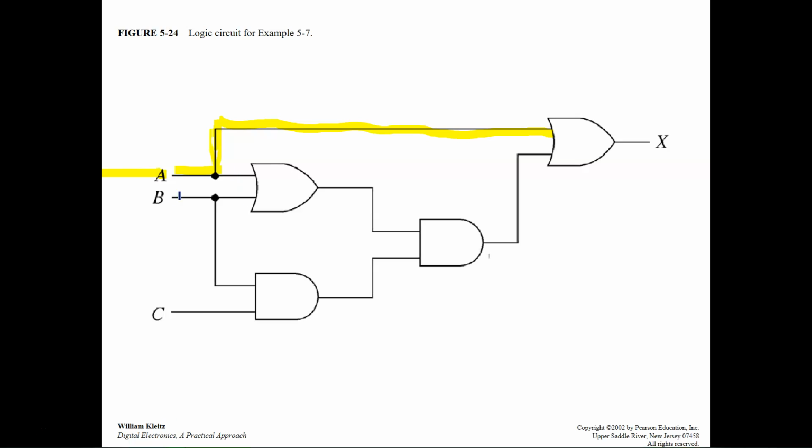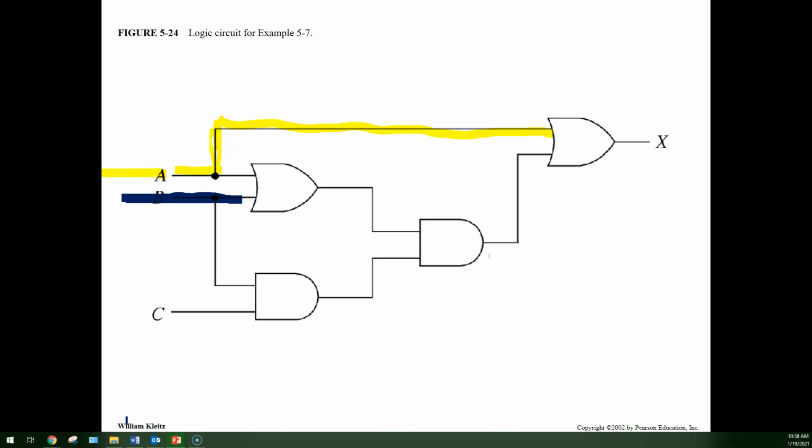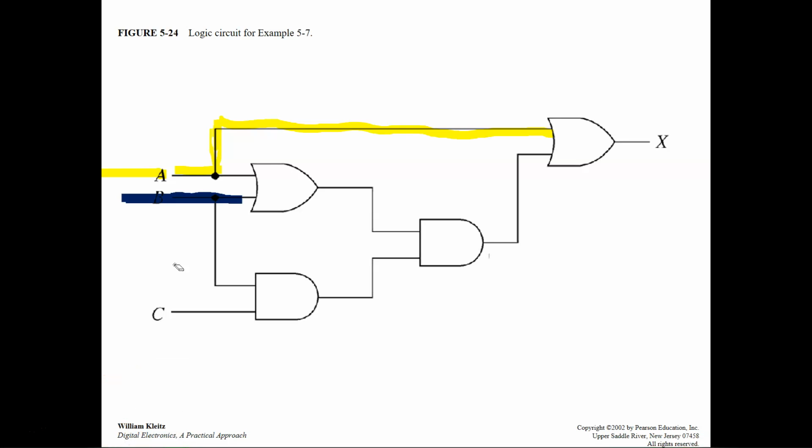Then looking at B, if I start tracing signal B, it can go through the OR gate and into the AND gate, but it's also going to bypass down to this AND gate right here, at which point it's going to have to wait for C to get that signal.